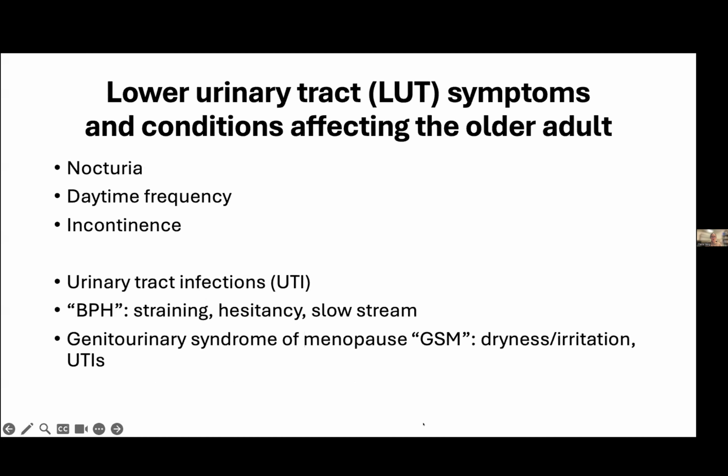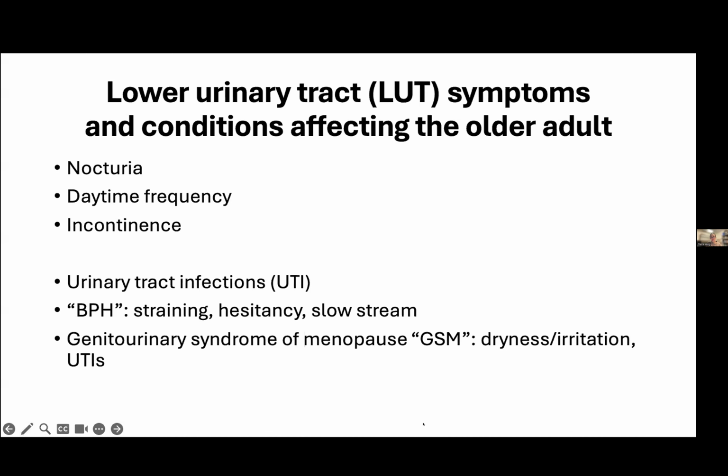So the lower urinary tract symptoms are myriad, and here we're going to be focusing on three of them: nocturia, daytime frequency, and incontinence. These are symptoms, whereas urologic conditions or diseases can include urinary tract infections, BPH, or genitourinary syndrome of menopause.